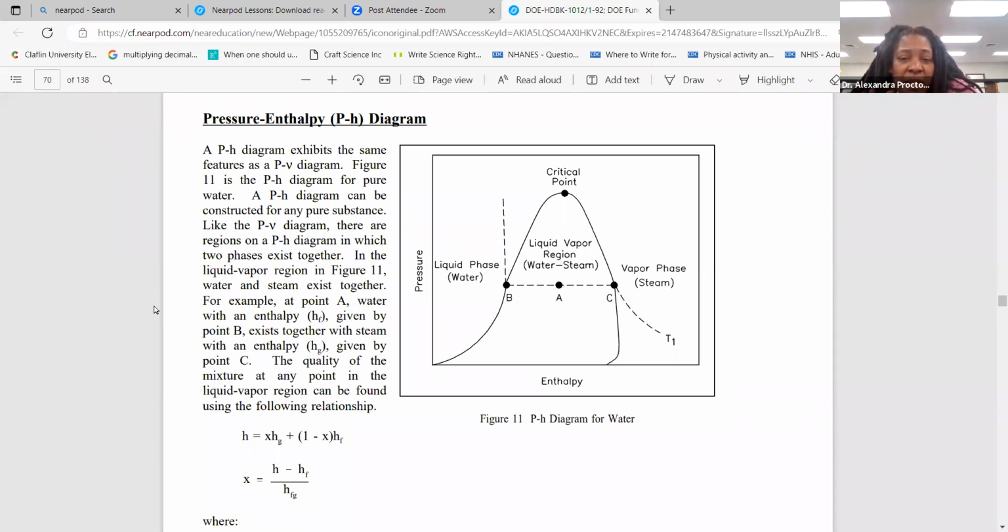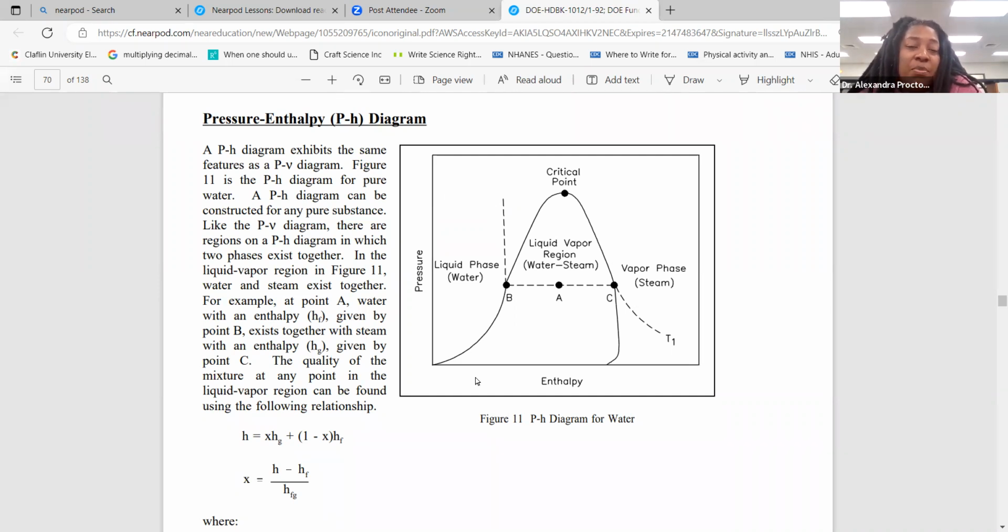So this looks very similar, if you look at this dotted line, to what you saw in your previous PV diagram, where you have this liquid phase and this vapor phase, or steam, water and steam coexisting. So in the liquid vapor region in figure 11, water and steam exist together.